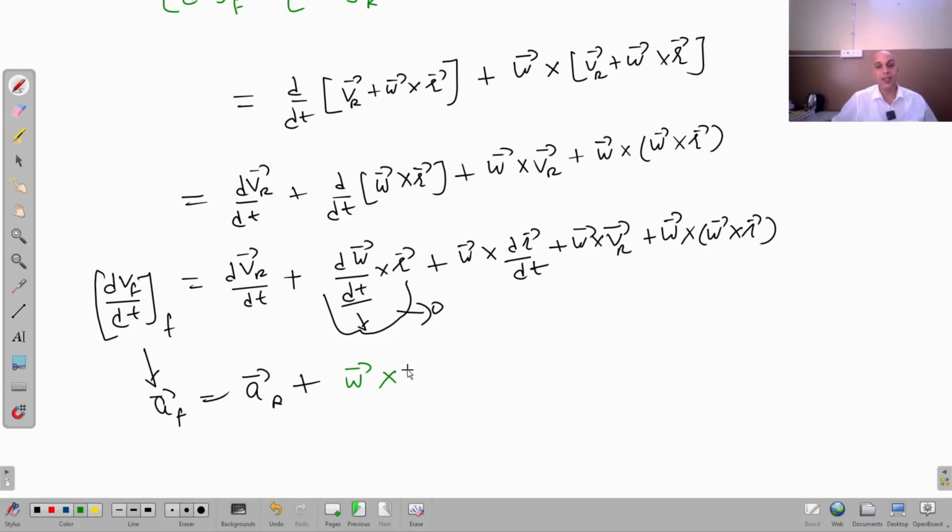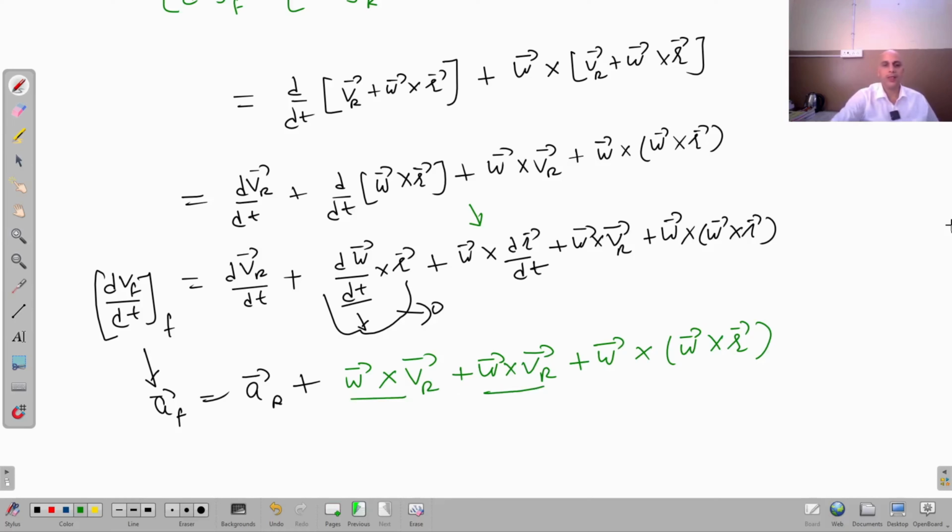It is Vr rotating, because dr upon dt means velocity with respect to the rotating frame, because on the right hand side we are taking the rotating frame terms, plus omega cross Vr plus omega cross R.